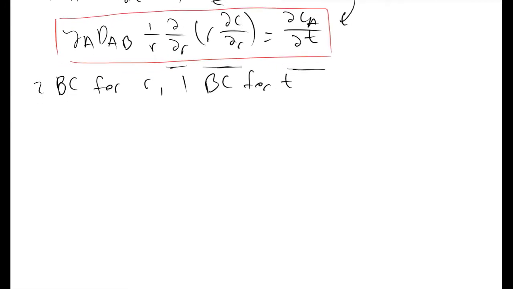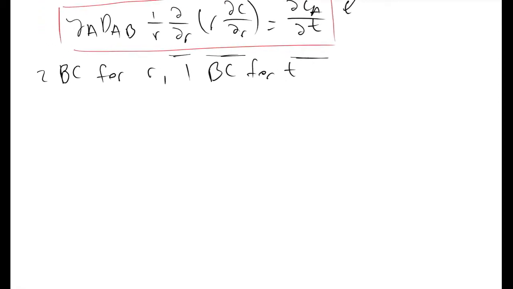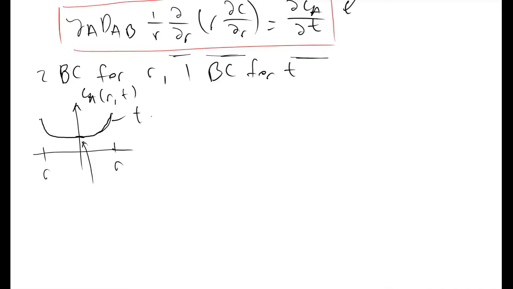Looking back at our concentration profile, which looked something like this, if we take a snapshot of it at some time t, this axis is CA as a function of R and time.